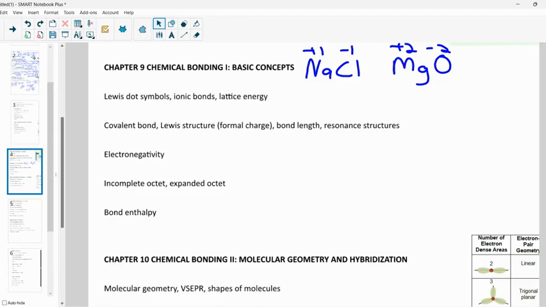So the more positive charge, the denser that positivity is, the more attracted it's going to be between the Mg and the O. So what is that going to lead to? A high lattice energy. That's going to lead to a high melting point, a high boiling point. It's probably going to tend to be harder than other materials. Might be insoluble in water because it's attracting to that other ion much stronger.